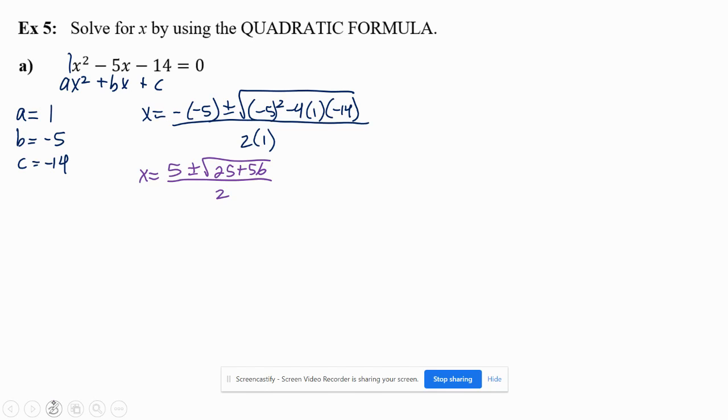Okay. Next step is I'll work on the square root. So we have 5 plus or minus the square root of 25 plus 56, which will give us 81, all divided by 2.